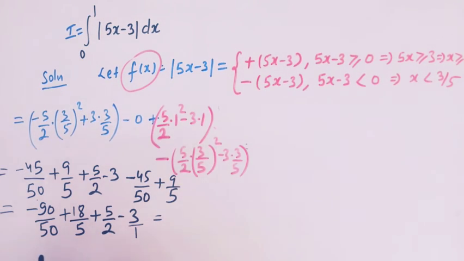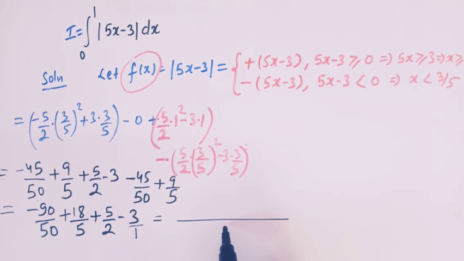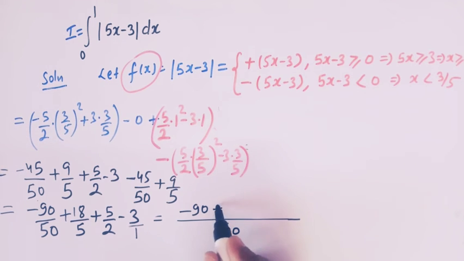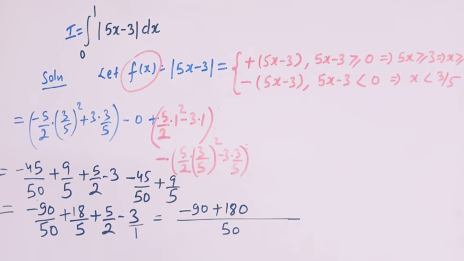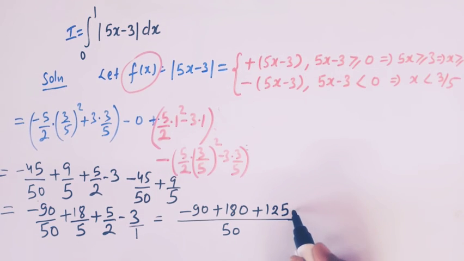Now let us take the LCM of 50, 5, 2 and 1. Then here we'll have 50, and in the numerator we have minus 90 plus 180 plus 125 and minus 150, right?